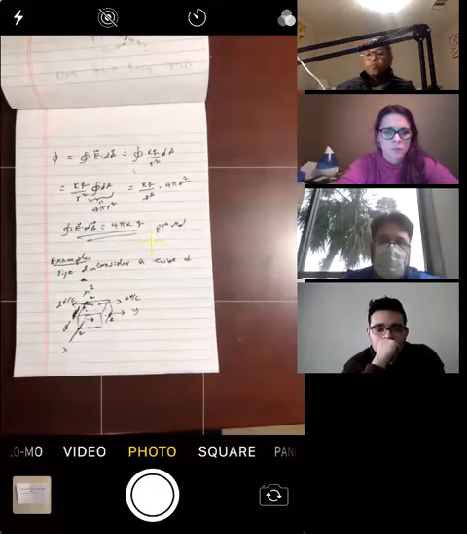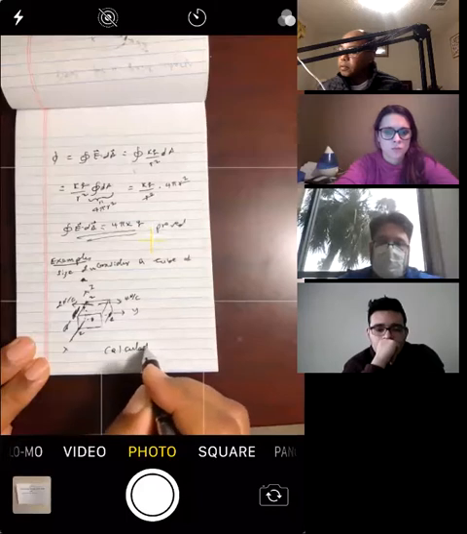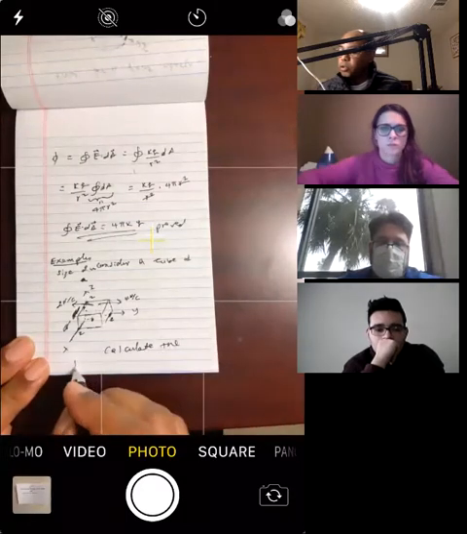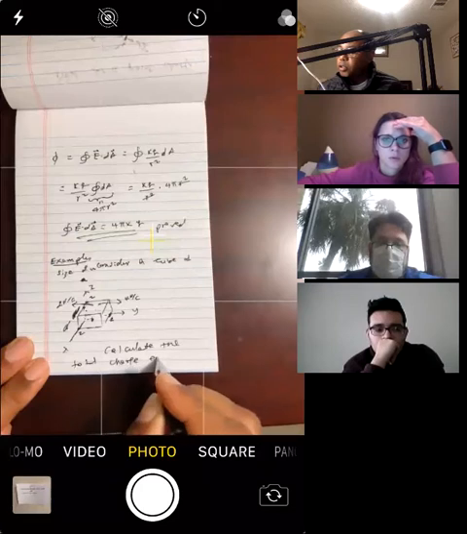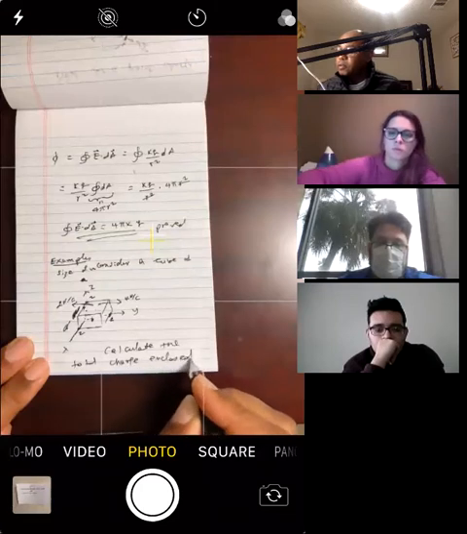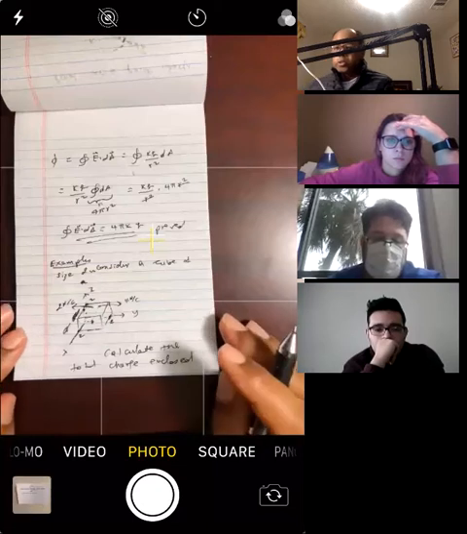So the question is, calculate the total charge enclosed. What do you have to do to find the total charge enclosed? Here is Gauss's law.